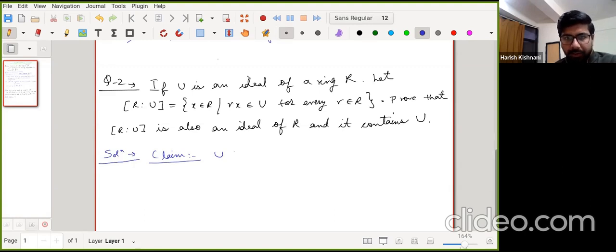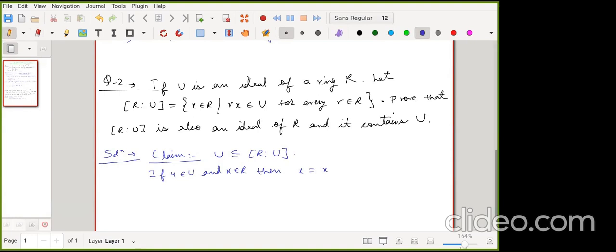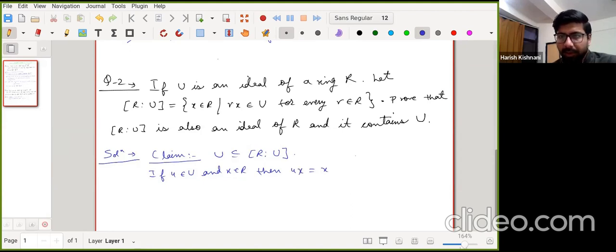So just by the property of ideal, you already know that if u is inside U and x is inside the ring R, then, better we can use small r in capital R. Just to highlight, this element is from U, I am using small u.